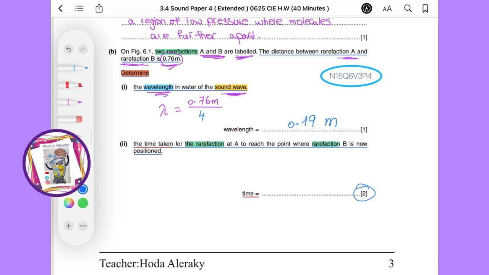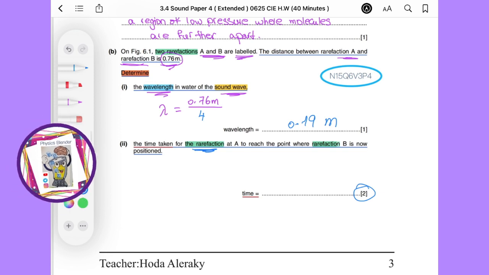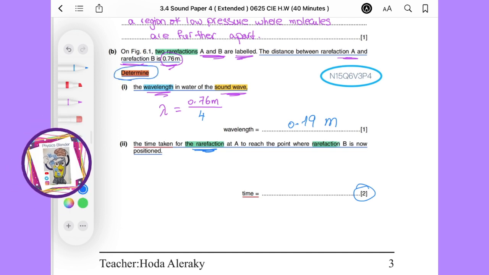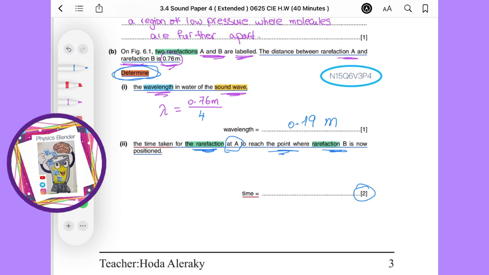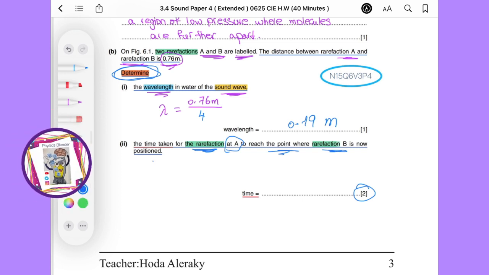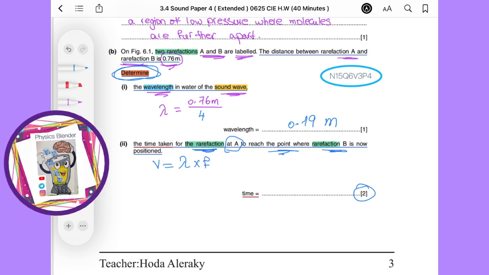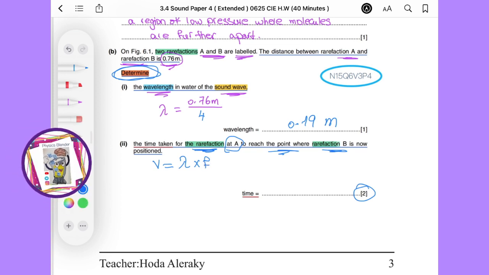The time taken for the rarefaction, you have to determine the time taken for the rarefaction at A to reach rarefaction B. You have to use the wave equation to find speed first, and then you can use your result to find time.